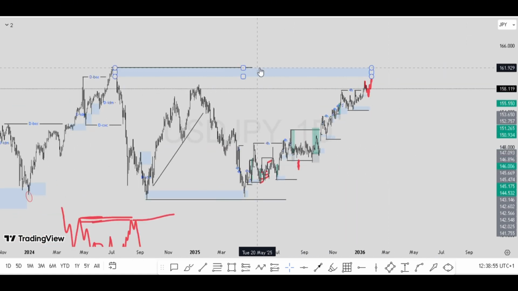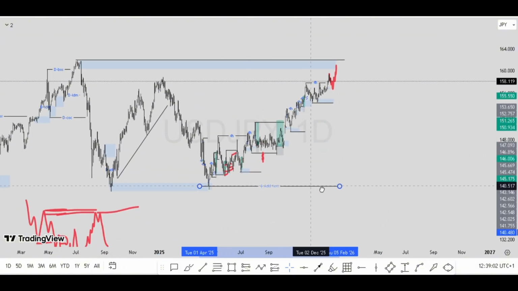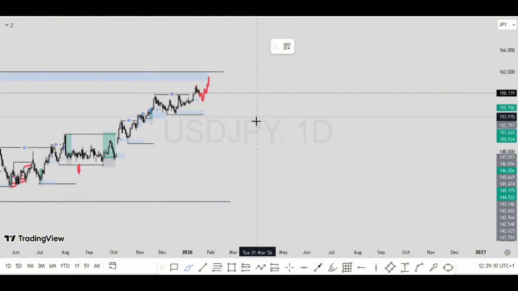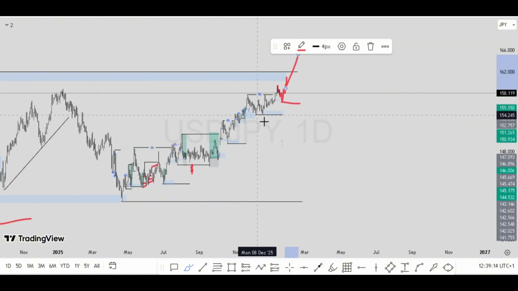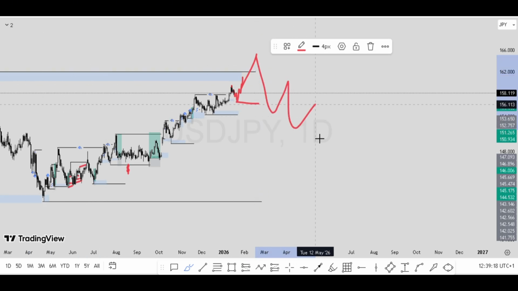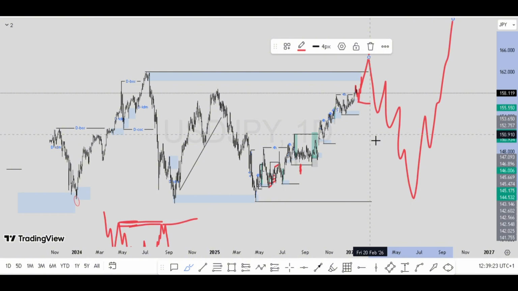So if this fails, then it means that we had a change of character and the market will continue going to the upside, and our low will be shifted to this level and the process will continue. Maybe in the daily time frame, this level will be our inducement. After maybe the market breaks above, then we look for our decisional POI and probably look for our extreme. Maybe the market will now do this and continue. So that's just the perspective.